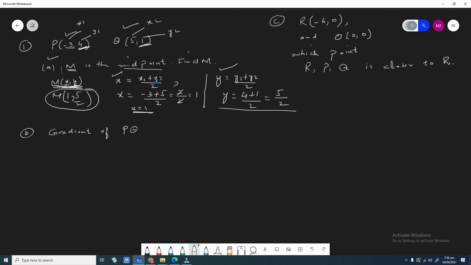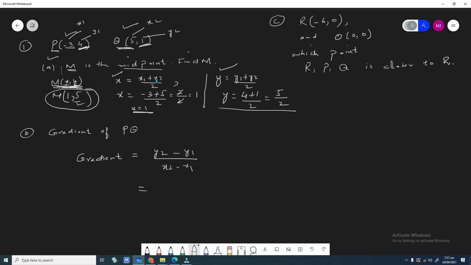In part B, we are asked to find the gradient of PQ. This is our P and this is our Q. We know that the gradient is equal to (y2 minus y1) over (x2 minus x1).